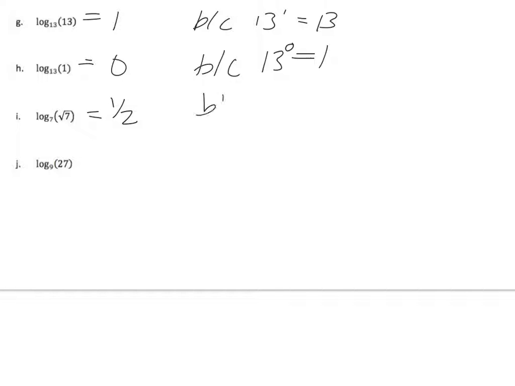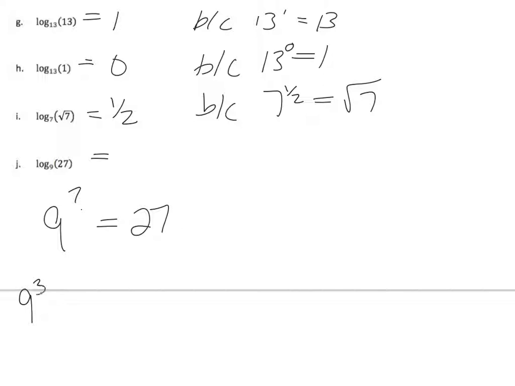1/2 because 7 raised to the 1/2 is the square root of 7. And then this one is throwing me for a loop. So I'm going old school: 9 to the what power equals 27? Let's see. If I do 9 times 9 times 9, I get 729.